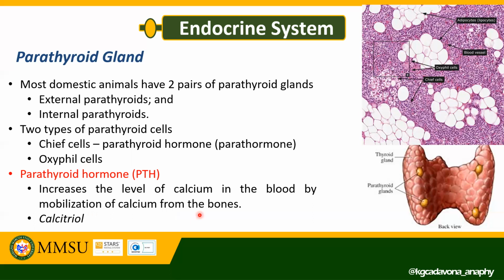This means it is the major controller of the level of blood calcium and phosphate in the body of the animal. Basically, this hormone stimulates the release of calcium and phosphate from the bones. Another effect is decreasing excretion of calcium and increasing excretion of phosphate in the kidney.